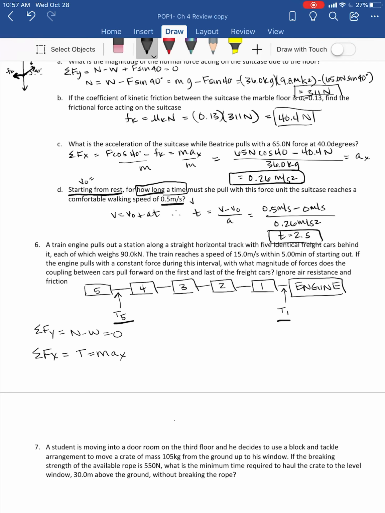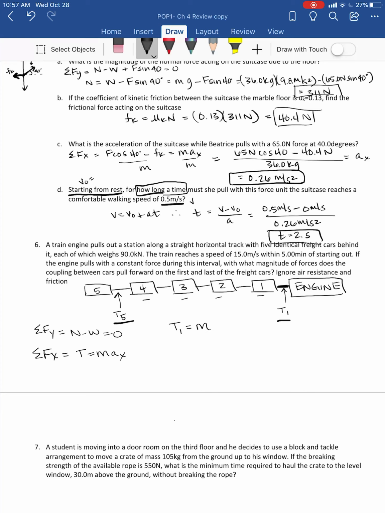So as far as the first one, it is pulling all of these cars. This is having to endure the tension of all of those freight cars.